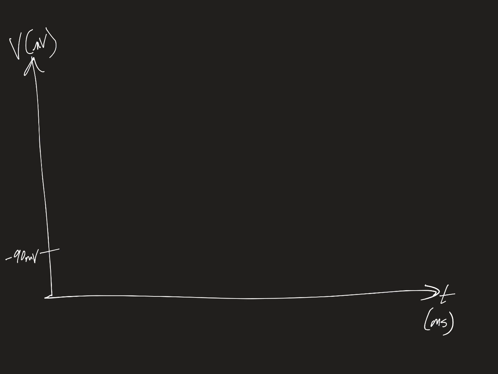Minus 90 millivolts, minus 70 millivolts. You're thinking, wait a minute, that has to go below the axis. No, it doesn't. This ain't math class. We do whatever the heck we want, sort of. All right, so it's just a cleaner graph if we don't have to bother with all that. So here you have your resting membrane potential.